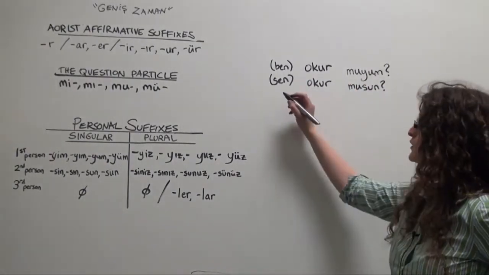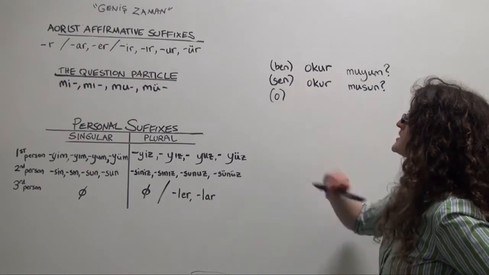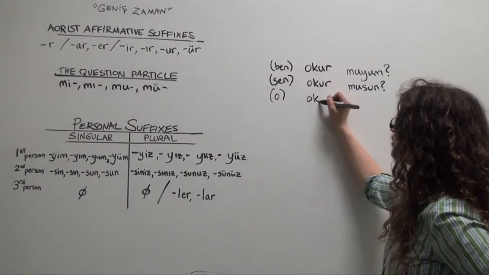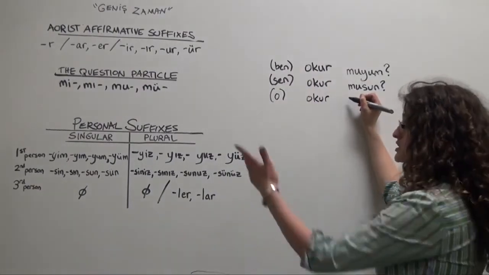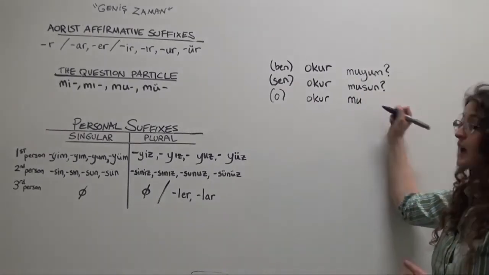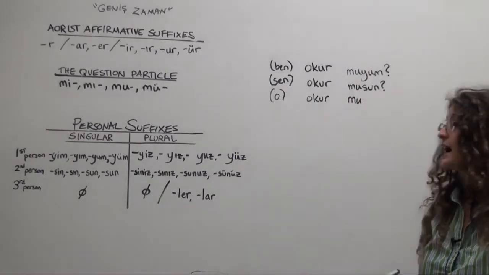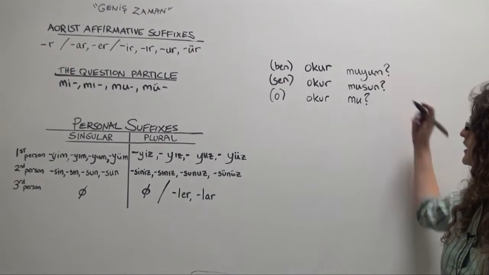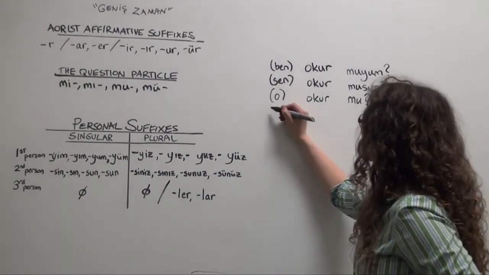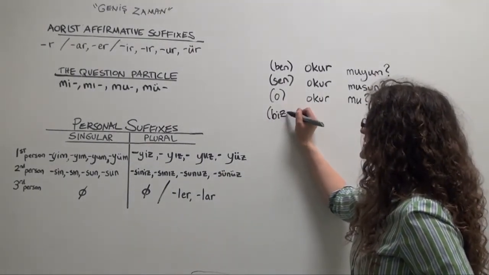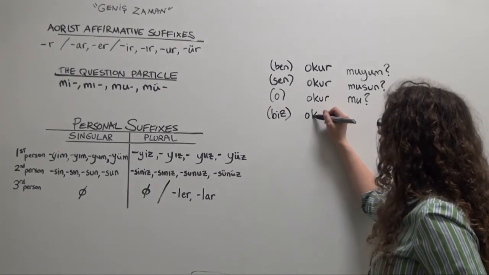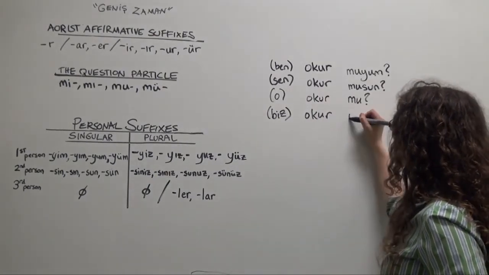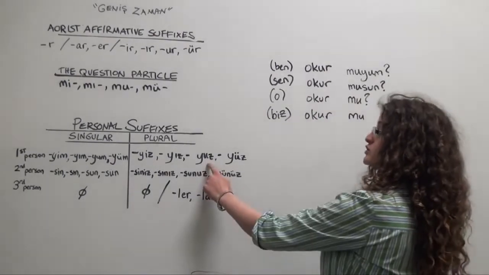Let's move on with the formation of our third person singular, okur, question particle, mu, and we don't have a personal suffix we need to add here, so okur mu. Does he read? We okur muyuz.